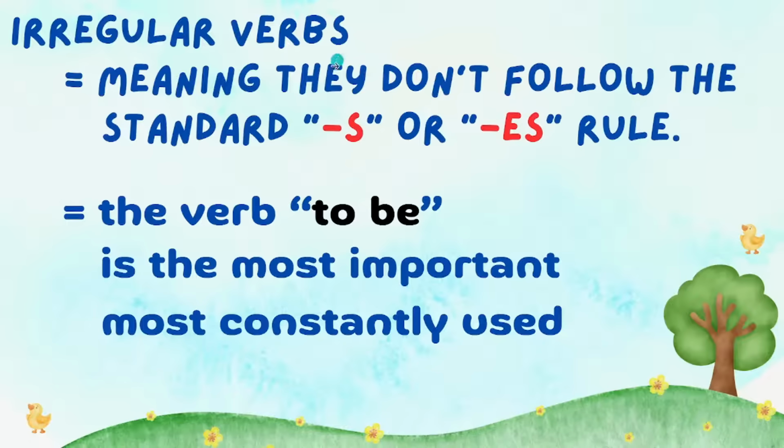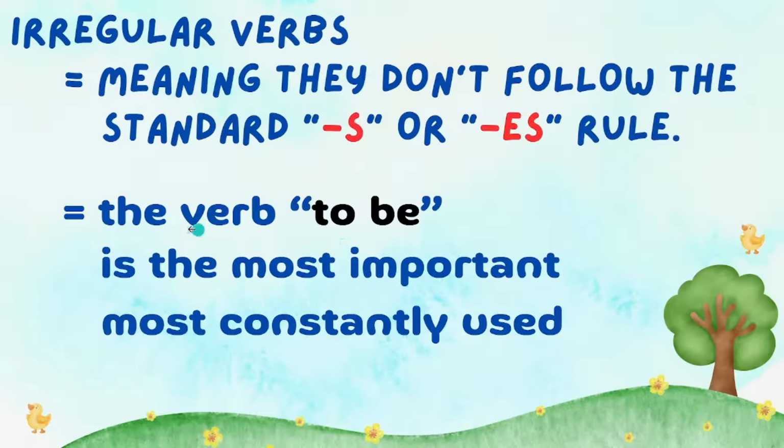Here, it says that the verb to be, also called a be verb, is the most important type of irregular verb. Why? Because it is constantly used, the most commonly used, most important irregular verb.